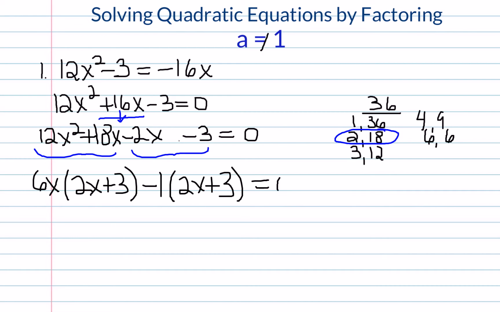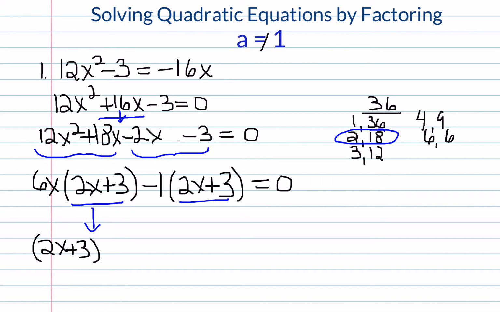Bring down the equals 0. You'll notice now that we happen to have the same binomial in each term. That's the next term that gets factored out as a GCF. I'm going to take out the 2x plus 3 from both terms.